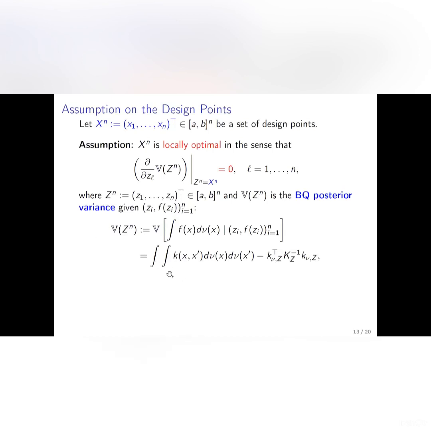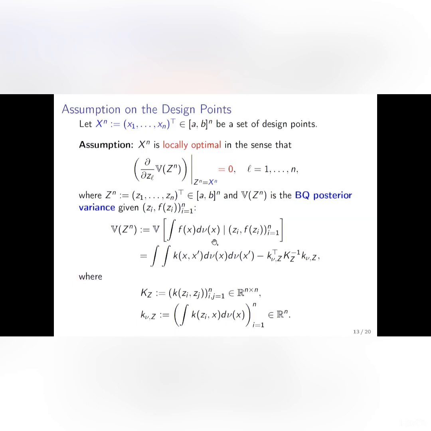And this is given in this form: the first term is the integral with respect to the kernel, and the second term is given by the kernel matrix and also this vector which appeared in a previous slide.